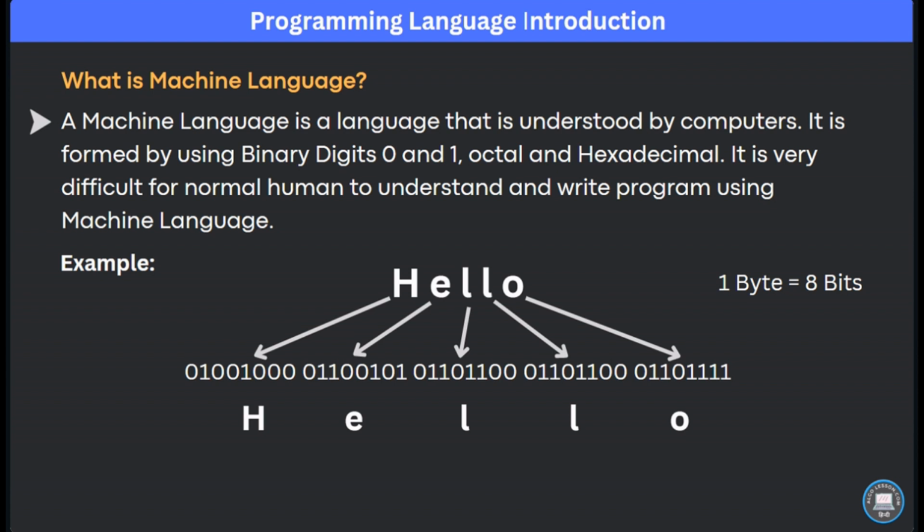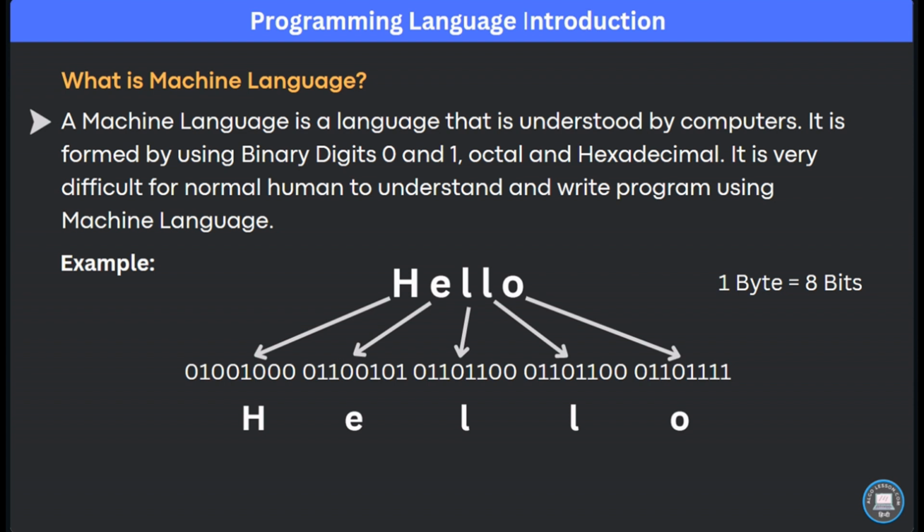For H there is a series of 8 zeros and ones, like 0 1 0 0 1 0 0 0. Similarly for small e there is another series of 8 zeros and ones, like this. To inform your computer to print hello on the screen, you have to write the machine language in this format.